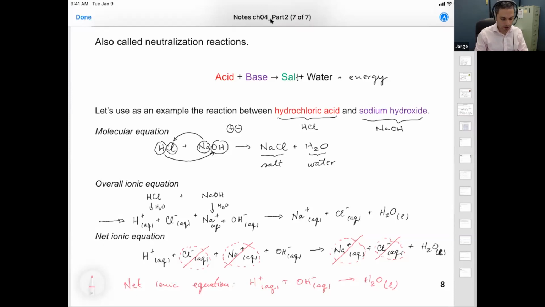Okay, so now let's add one little detail here for the acid-base reactions or neutralization reactions. If you look here, I'm representing in the products Na+ Cl- dissolved in water. How do I know that they are dissolved in water and not that a solid is formed? I need to know if this salt is soluble in water or not.